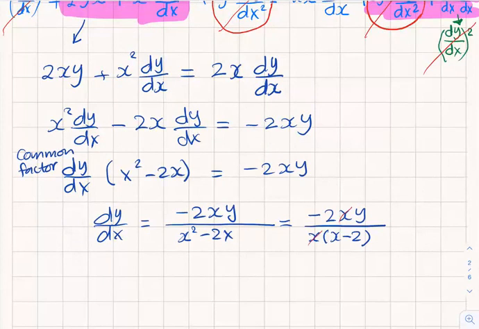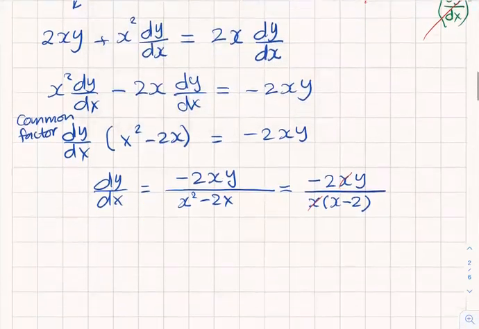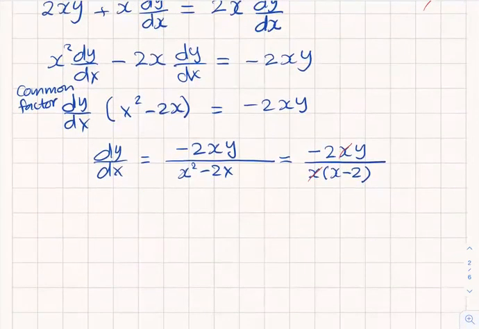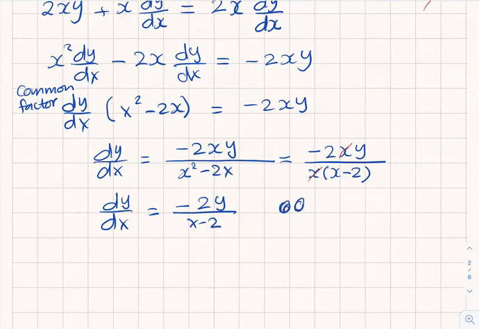So I will get dy over dx equals minus 2y over x minus 2, and that's what we've been asked in the question to show. Minus 2y over x minus 2. And that was what we need to find for the first part of the question.